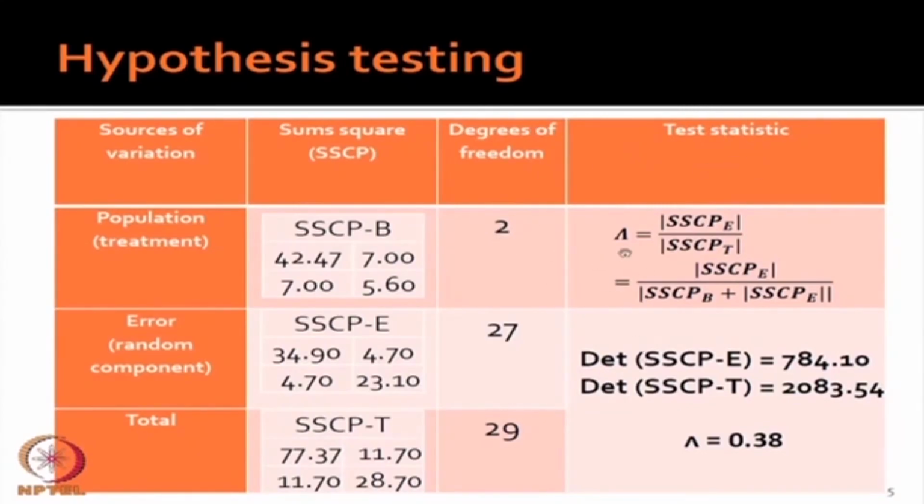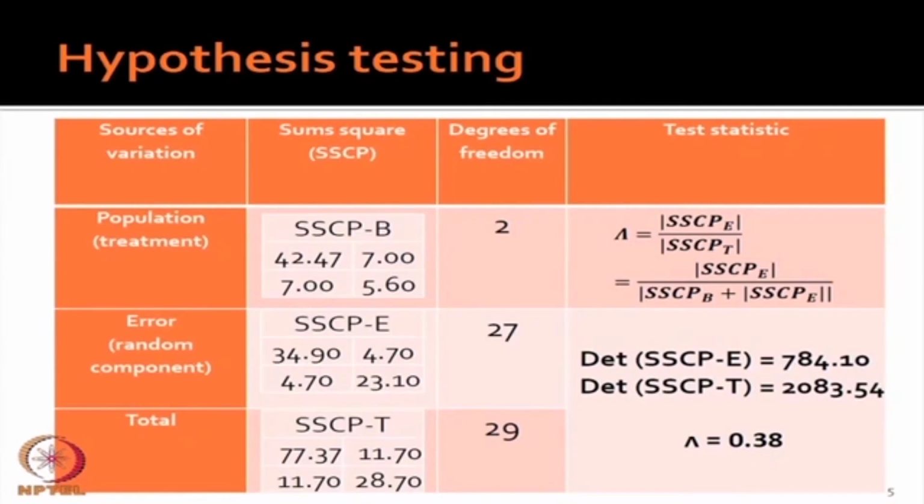Then the statistic is lambda, and if you compute the determinant of SSCP E, 34 into 23.10 minus this square, you will get 784.10, and in the total case you will get 77.37 into 28. So, the determinant of SSCP E is 780.10, the determinant of SSCP total is 2083.54. Now, if you take the ratio, you will get lambda equal to 0.38.